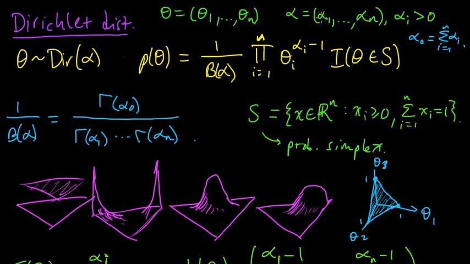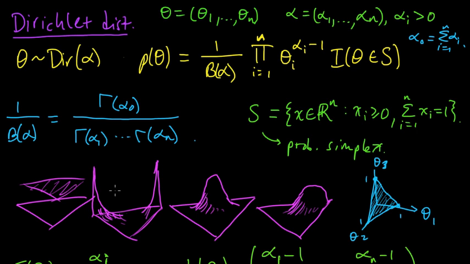Every element of this vector is just a 1. Then the exponents here become zeros, and this is just a constant. So in fact it's a uniform distribution over the probability simplex. We set them all equal to 1, and we get a uniform distribution.